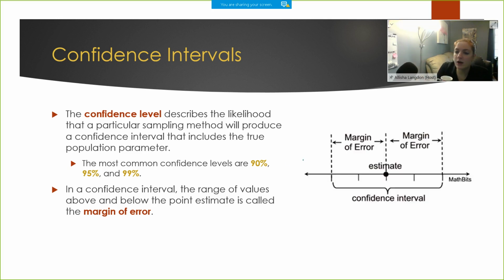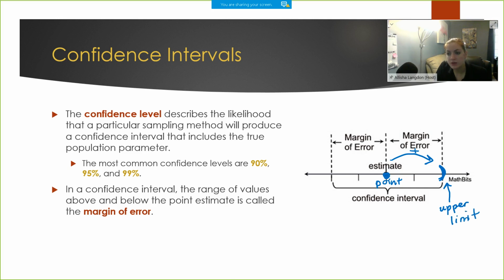So here we have our point estimate in the middle, point estimate. And what we're doing is we're going to either add the margin of error to get a larger number, or the upper limit. Let's write that, upper limit.